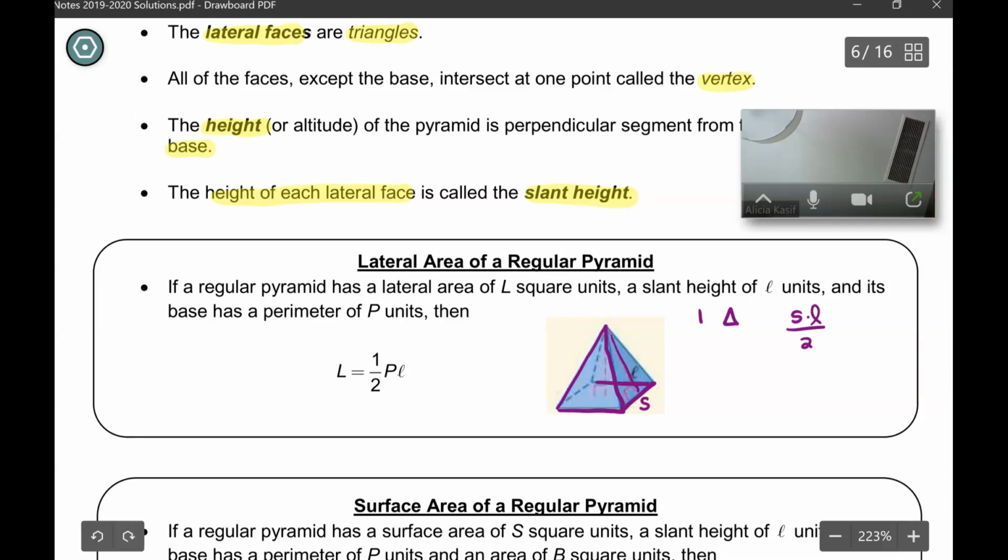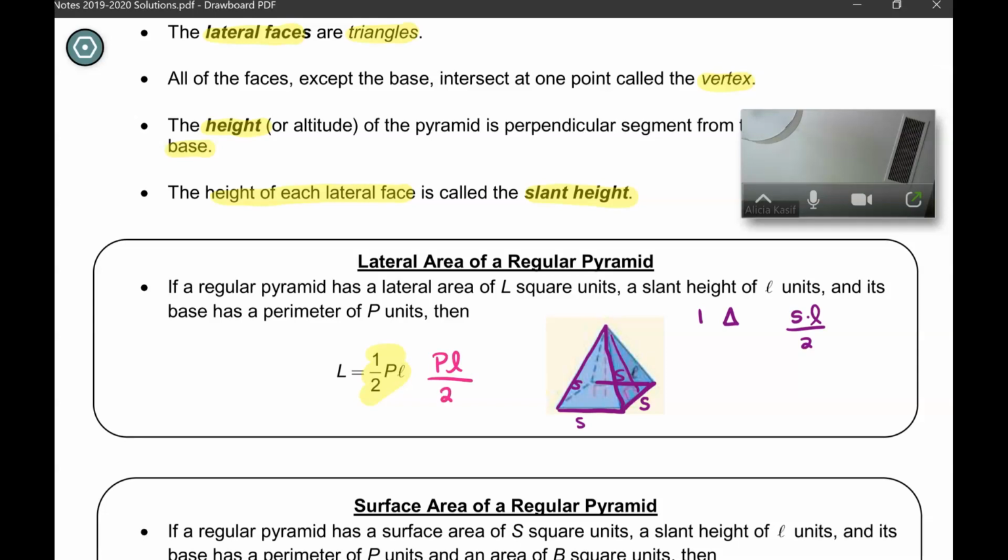If you add up all the sides, you'll have the perimeter. I have it written as perimeter times the slant height times 1/2. You could also think perimeter times slant height divided by 2, same thing.